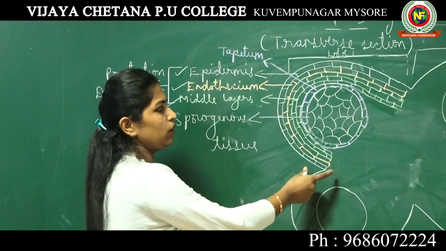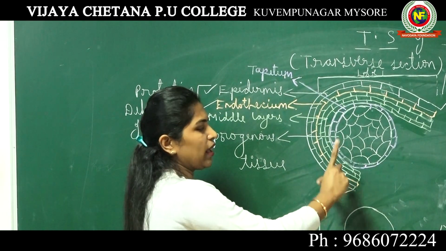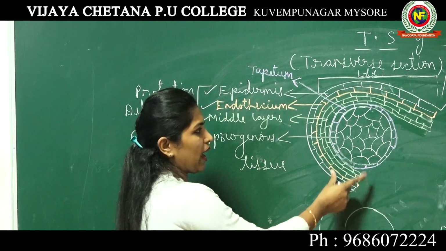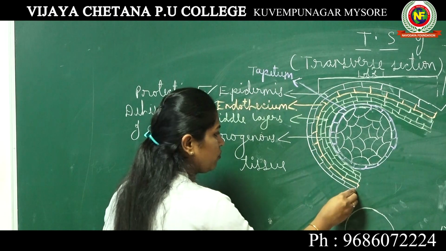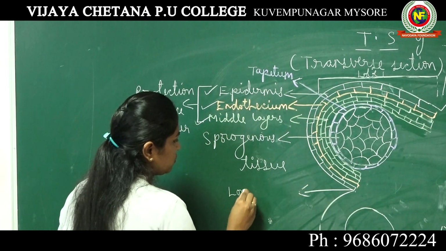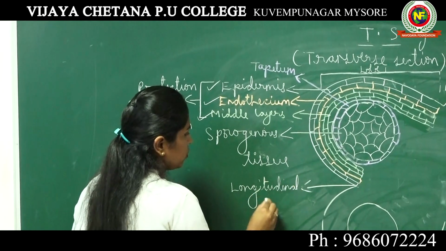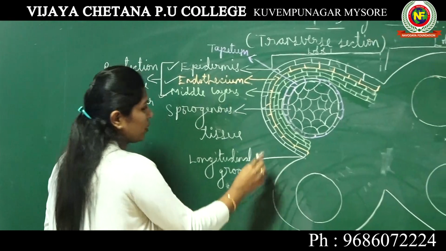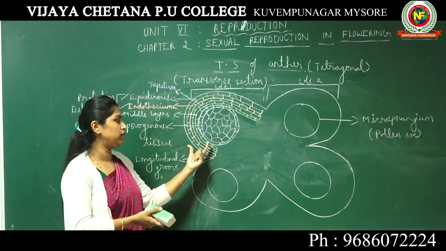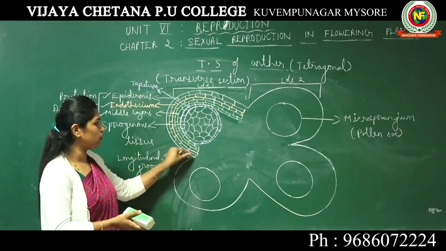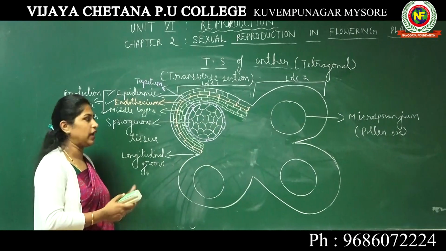Generally you should be aware that the pollen grains are released when the anthers break open, and the anthers break open at this part, which is generally referred to as a longitudinal groove. When the anther matures, these layers become very fibrous, and at this longitudinal groove the anther opens and the pollen grains come out of the anther.